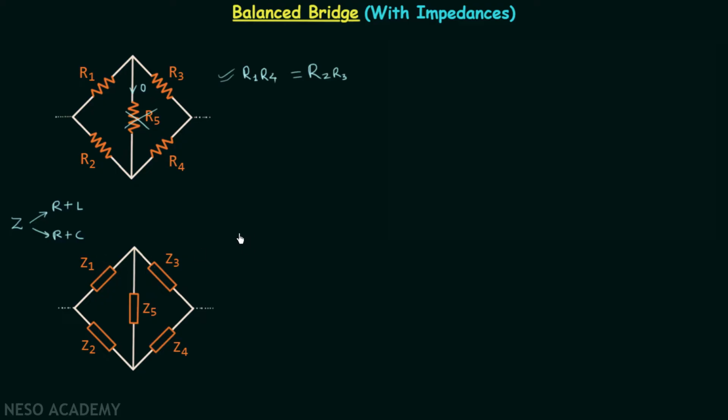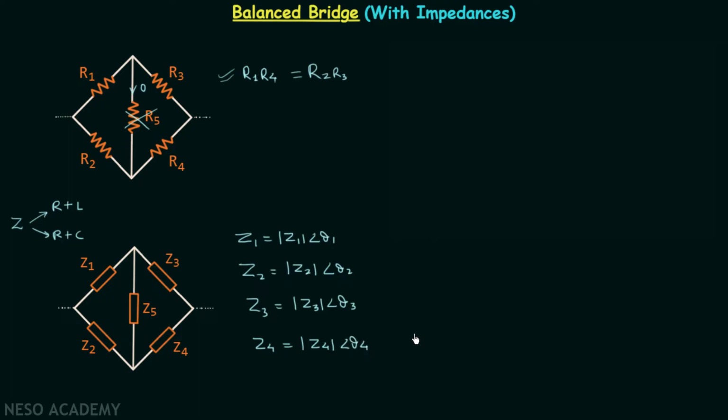Now let's say that Z1 has the magnitude mod Z1 and the angle is theta 1, and Z2 has the magnitude mod Z2 and the angle is theta 2. Z3 has the magnitude mod Z3 and the angle theta 3, and Z4 has the magnitude mod Z4 and the angle is theta 4.